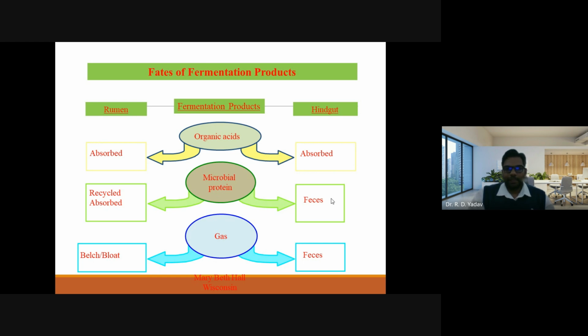For example, organic acids in the rumen and hindgut, microbial protein recycled, and gases in feces and by the blood.